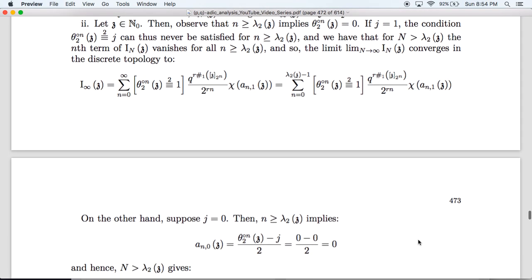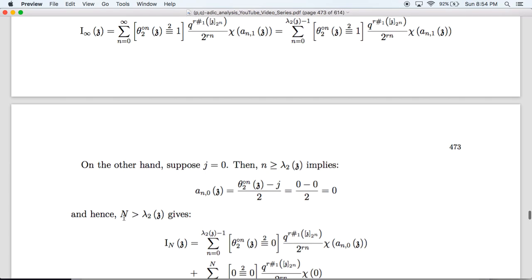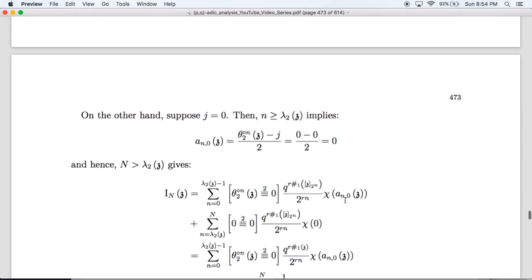Now, on the other hand, suppose j is equal to 0. Then, when little n is bigger than or equal to the number of 2-adic digits of z, an 0 is just going to be 0. And so here, picking big N bigger than the number of 2-adic digits of z, we get that 1n is equal to the sum over the n that are strictly less than the number of 2-adic digits, and then here's where n is greater than.